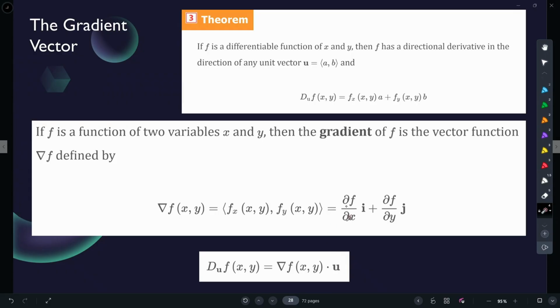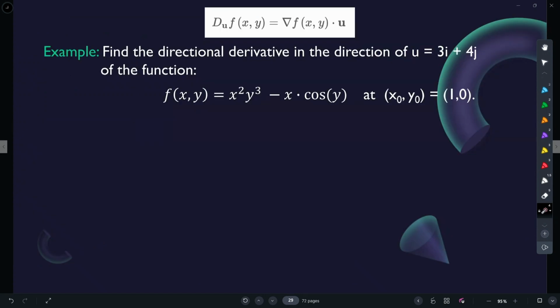So then the formula for the directional derivative is just given by a dot product. That vector itself has a name. It's the gradient vector. So this symbol itself, we just say gradient of f, and it is that vector. So we can find the directional derivatives using that formula instead.